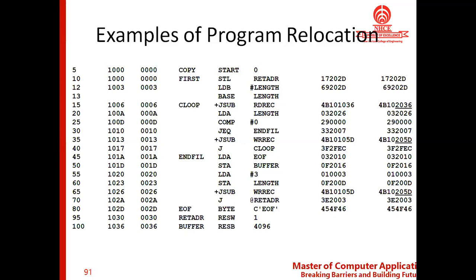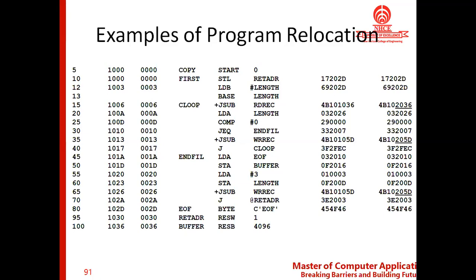Then in location 0009, we store 36. So from this, we understand that the address field which needs to be changed starts at location 0007. From that onwards, we have the address field.